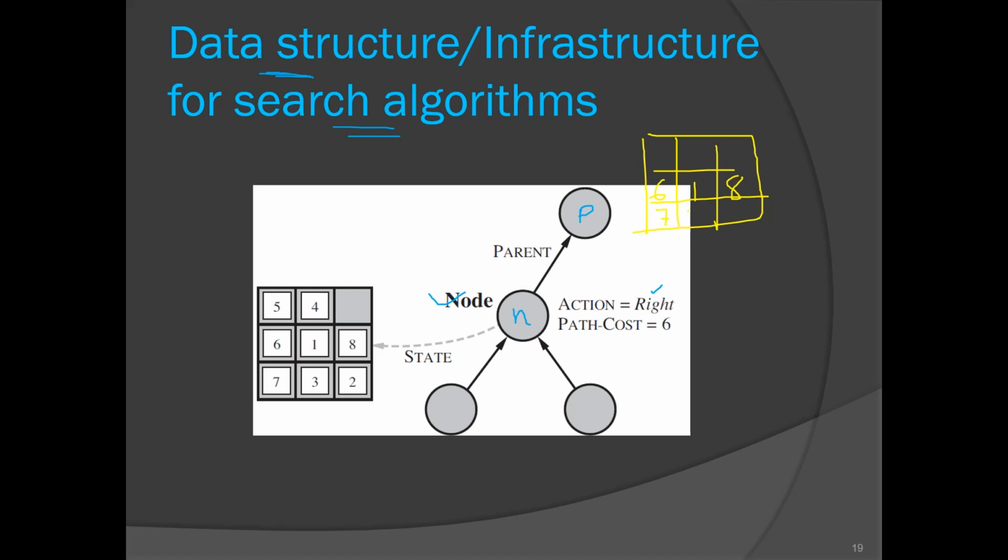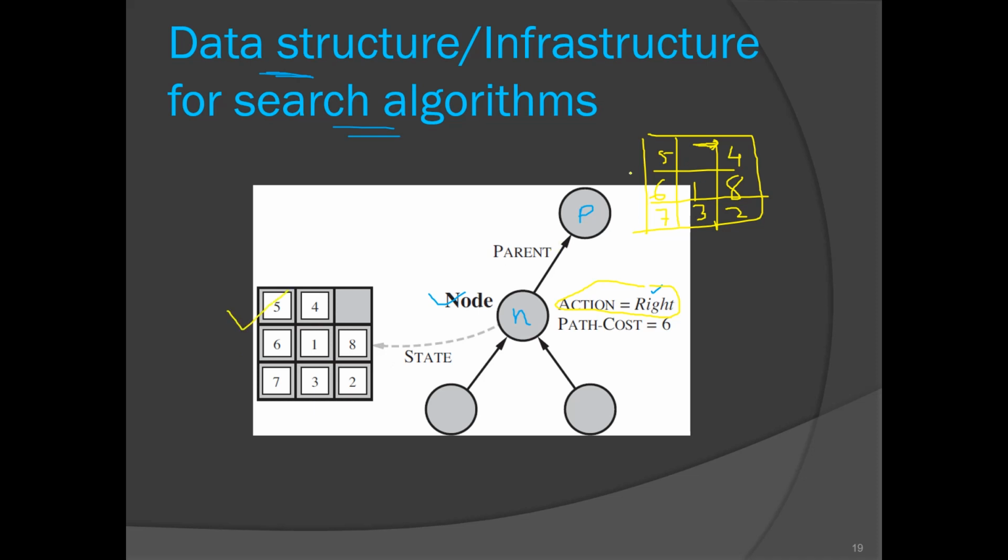We will have 7, 3, 2 and 5, and here we will have 4. Now we are performing the right action. In the 8 puzzle problem, we mention the action in terms of movement of the blank space. So the blank space is moving rightwards, 4 will come here, and this is the child that is generated.